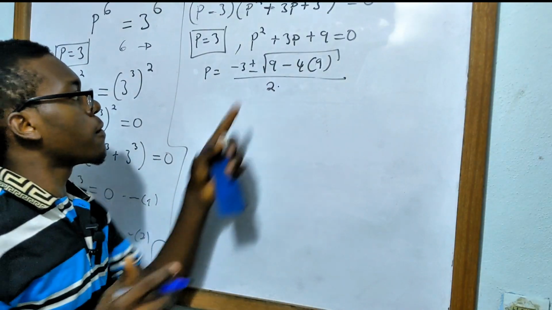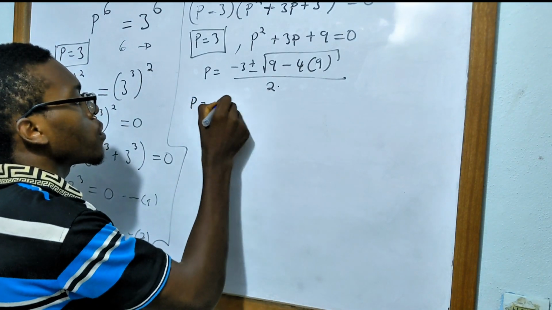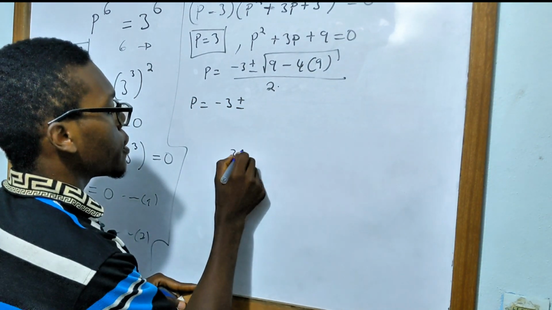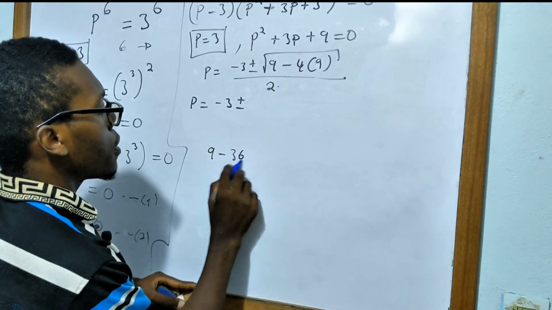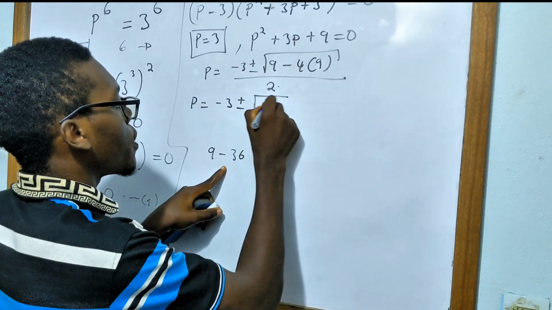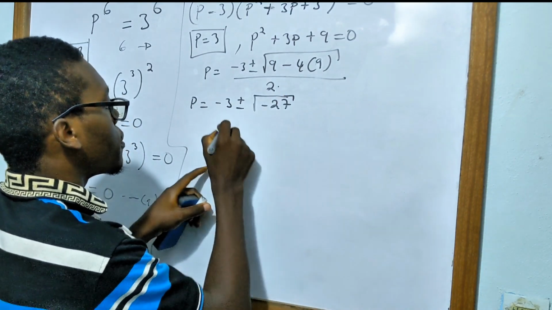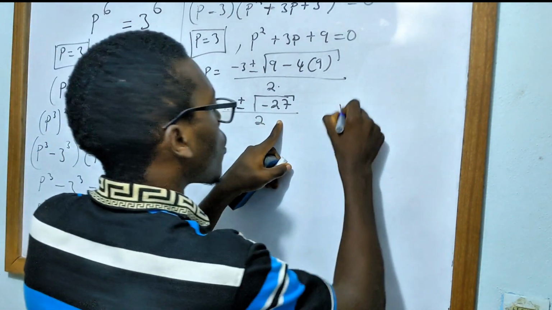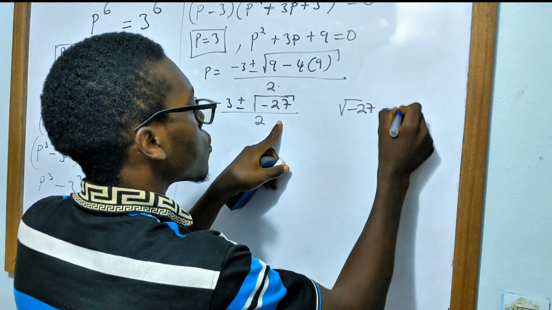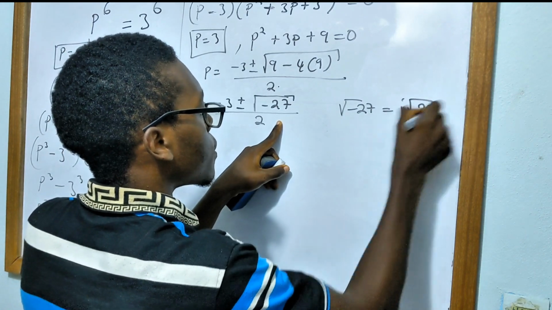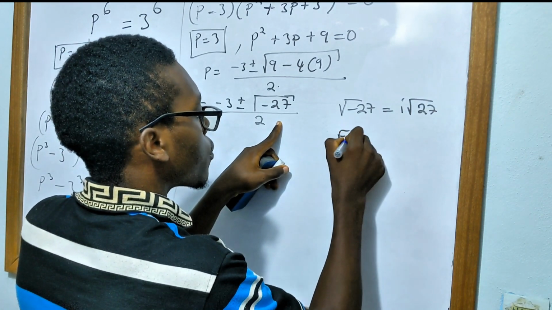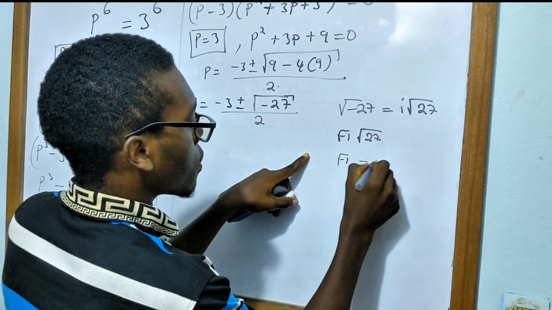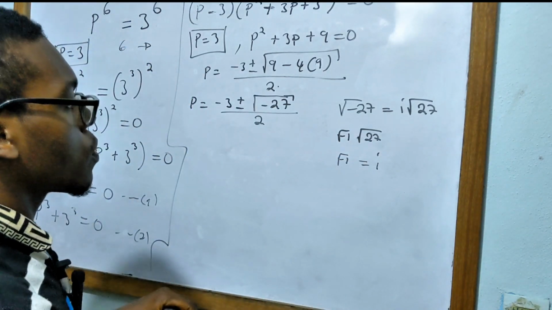So p is equal to minus 3 plus or minus the square root of minus 27, divided by 2. The square root of minus 27 is equal to i root 27, since that is the square root of minus 1 times the square root of 27, and the square root of minus 1 is equal to i from complex numbers.